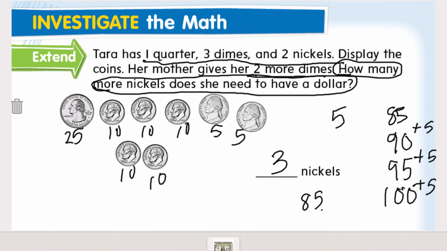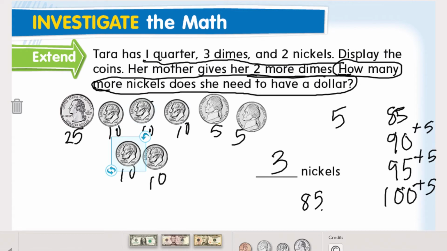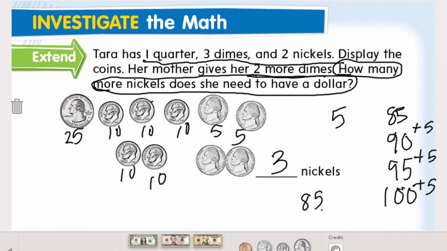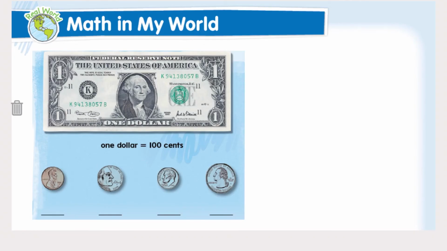Let's try that now with our money that we have here. We had 25, 35, 45, 55, 65, 75, 80, 85, 90, 95, 100. So sure enough, we need 3 more nickels to get to 100 cents.